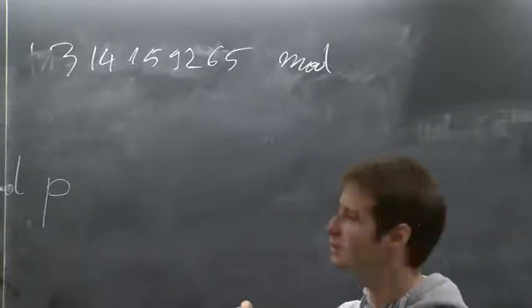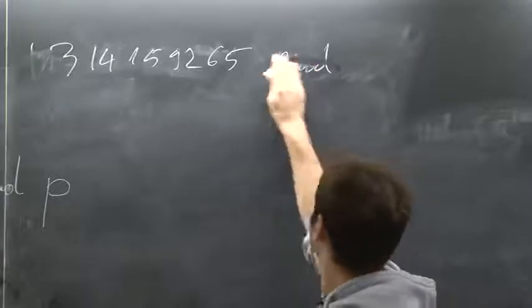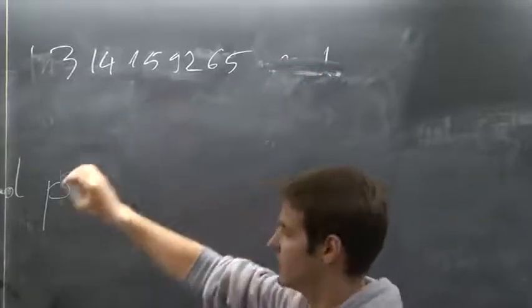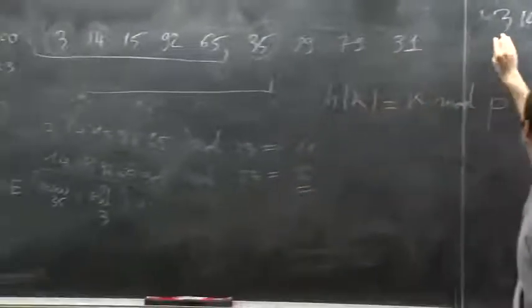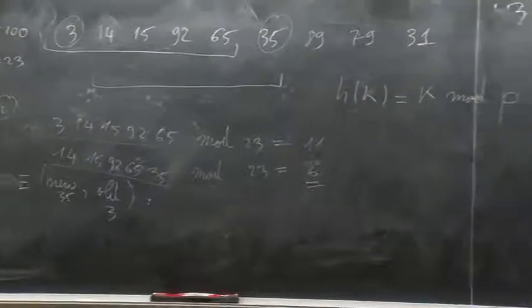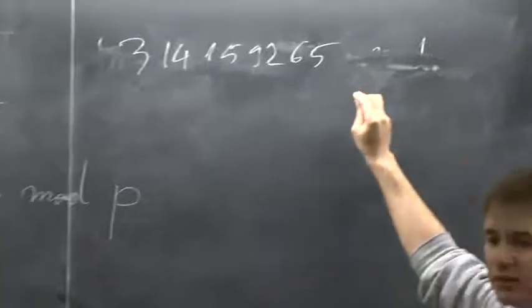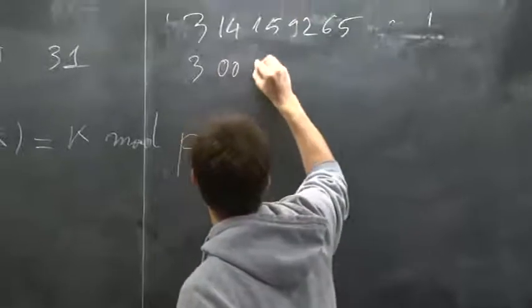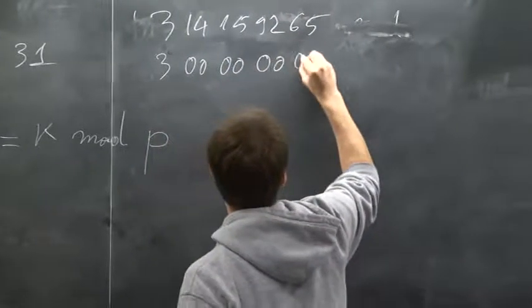Someone says subtraction. So what I want to do is get from here to this number, right? So I want to get rid of the 3, and I want to add 3, 5 at the end. To get rid of the 3, what do I subtract? 3 with a bunch of zeros. Excellent. 1, 2, 3, 4, 5, 6, 7, 8.